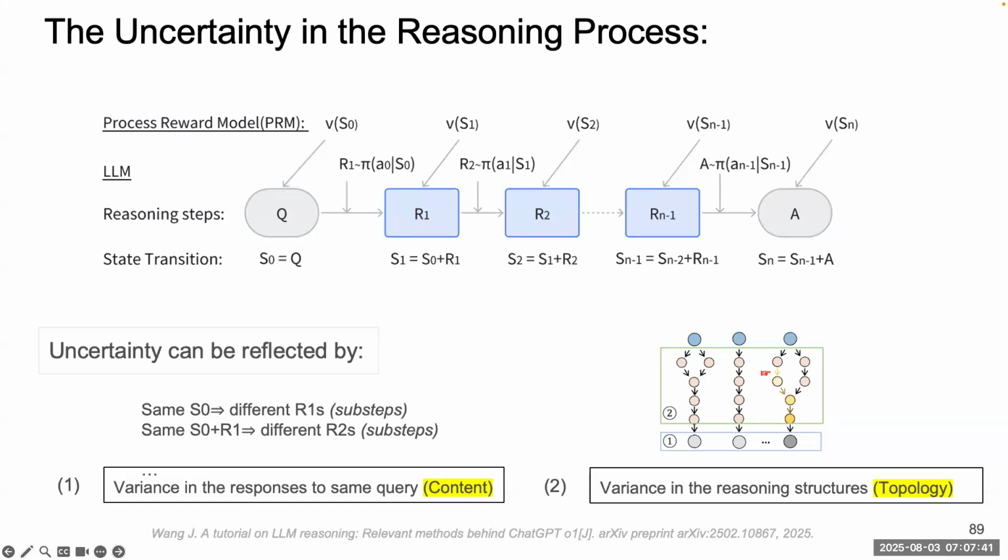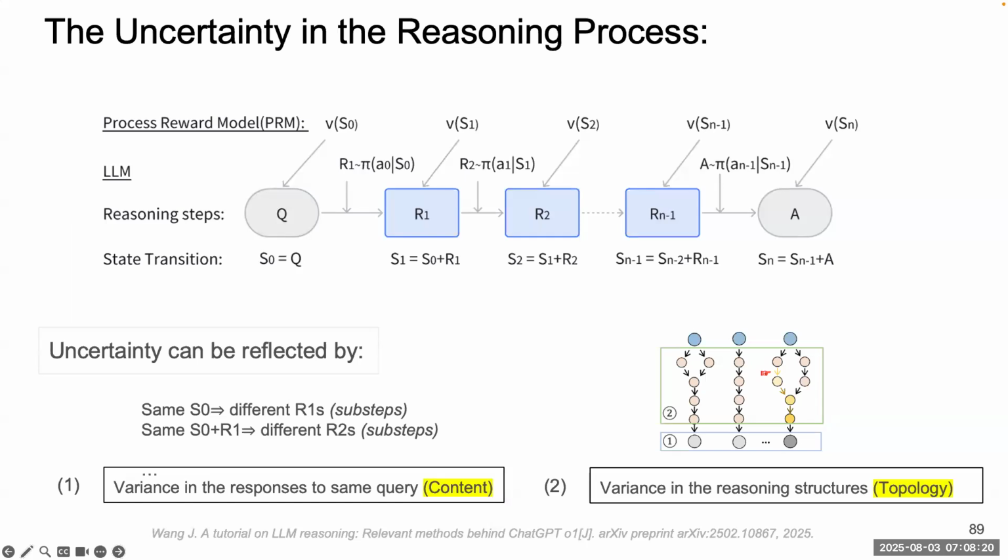The state gradually expands, representing the sequence of reasoning steps so far, and the actions correspond to the selection of new reasoning steps, or in the final step, selecting the final answer. The process reward model, the PRM, provides feedback or estimations on the quality of your reasoning steps and the final answer. By optimizing the policy, the LM, to maximize the reward, the language model can be guided by the process reward model to generate accurate and meaningful reasoning steps.